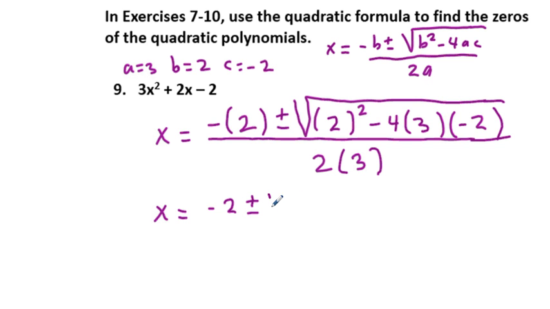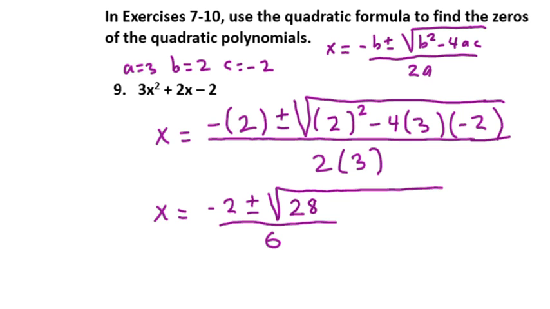In the radical here, we have 4, and then 4 times 3 is 12, times 2 is 24. So 4 plus 24 is 28. And we have that all over 6.